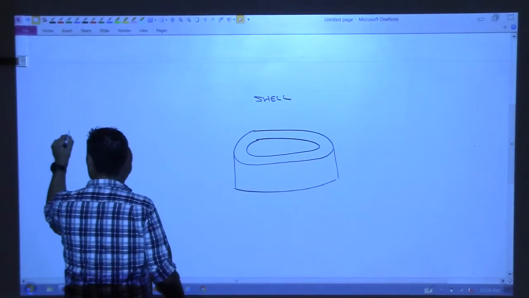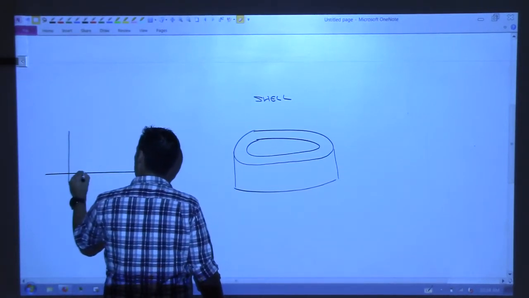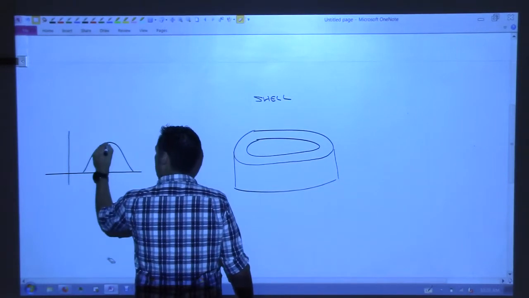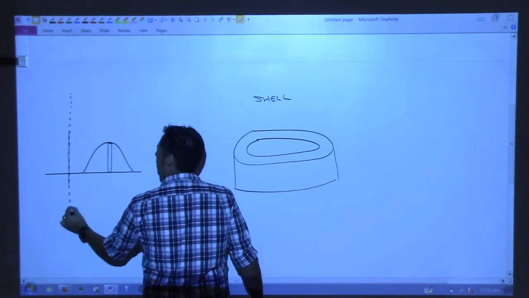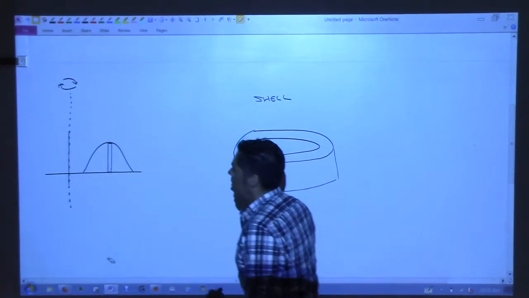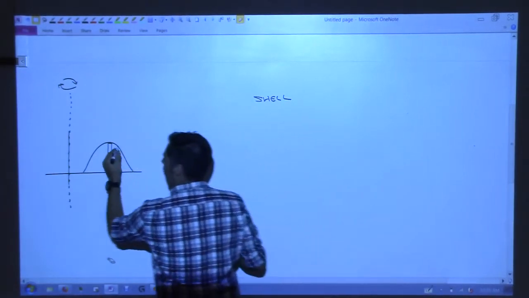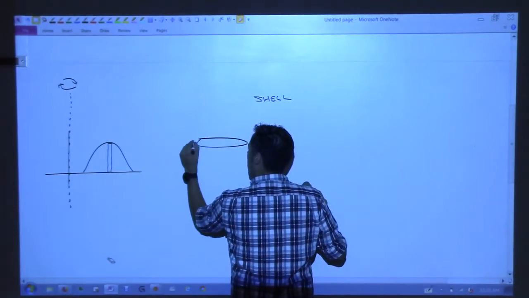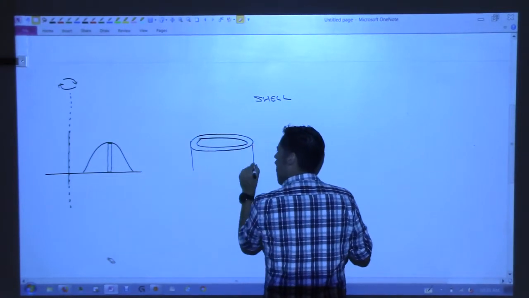So I'm going to go back and draw this picture. I have some function here. I'm going to take a rectangle, vertical like this. I'm going to be wrapping this around the y-axis, like this. Okay. When I do that, I'm going to redraw my shell. When I redraw this over here, it's going to look like this, right?